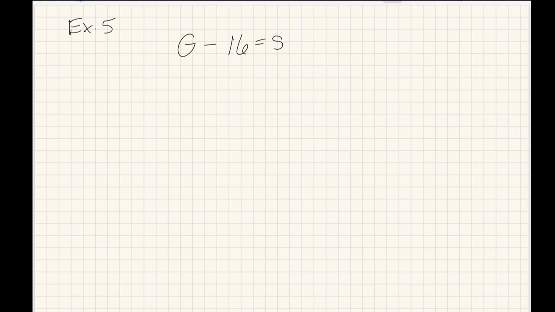We also know that the sum is 4 less than 3 times the smaller. So we can write this as G plus S plus 4 equals 3S. All right, so now we're going to solve for S. And we get that S is 20 and G is 36.